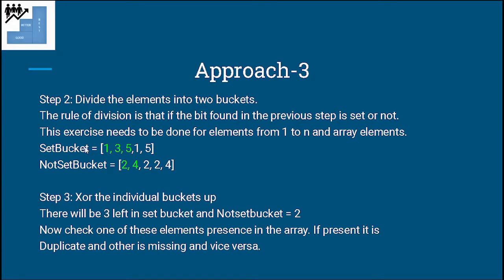In the given array, in 1 and 5 the bit is set, and in 2 to 4 it is not set. When we divide the given input array based on that bit being set or not set, then the missing part and duplicate part get divided out.